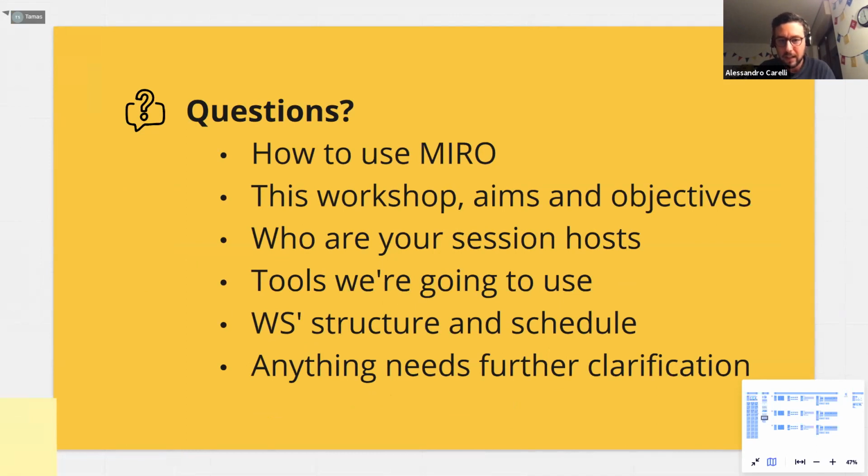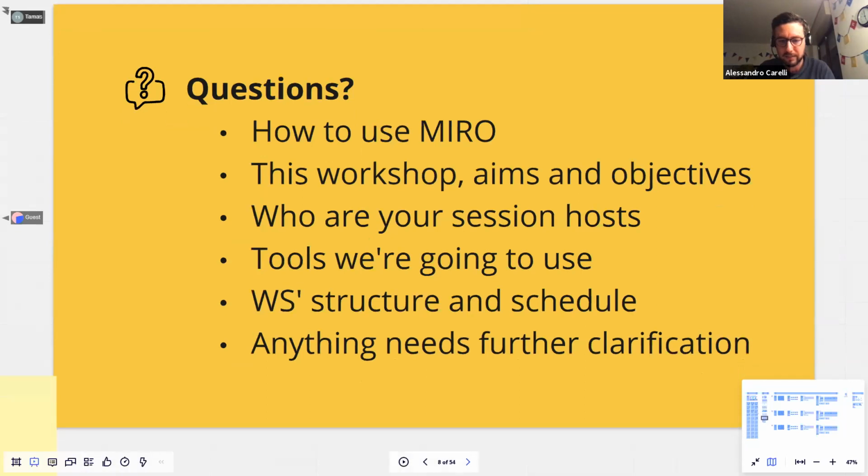If you have any, about us facilitating this workshop and groups, or about the tools that we're going to use and the structure of this workshop? If not, we can jump into the next slide and start the hands-on activity.